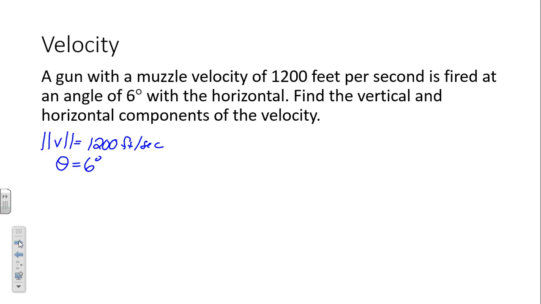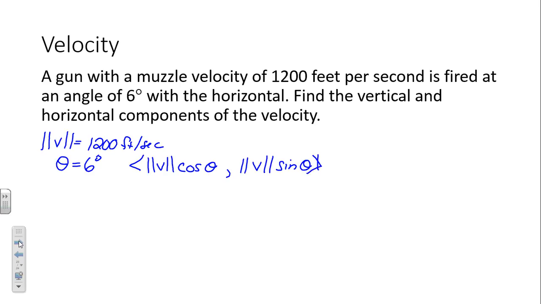So how do we find the horizontal and vertical components? Yeah, we use that formula that we derived. We take the magnitude times the cosine of theta to find the horizontal component, and the magnitude times the sine of theta to find the vertical component.